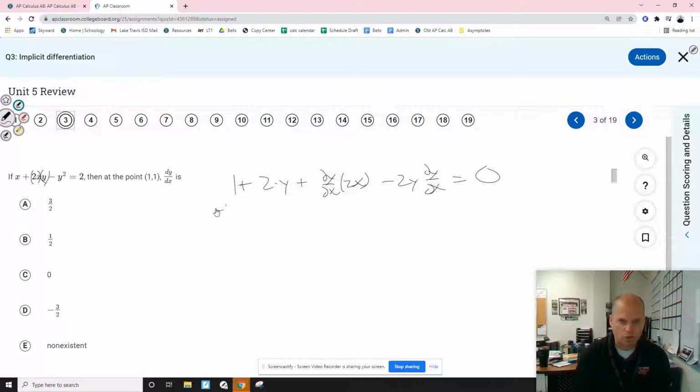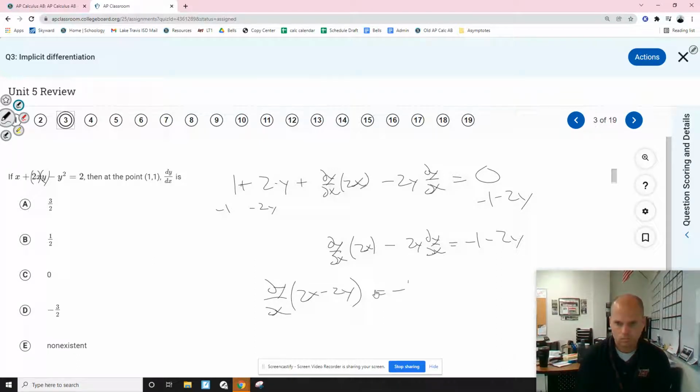I'm going to subtract 1, subtract 2y. I'm just going to practice solving for this. Factor out the dy/dx. Make sure your y's look like y's. Make sure your x's look like x's.